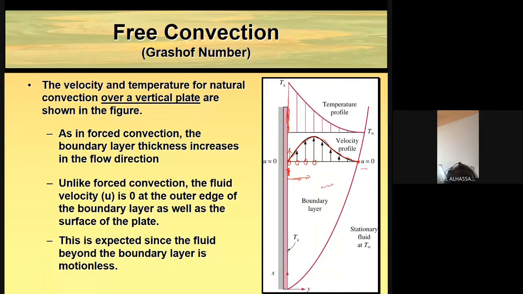So as you move in the y direction, temperature reduces gradually, asymptotically up to T infinity. So this is the velocity, the temperature profile with relation to natural convection for a flat plate.